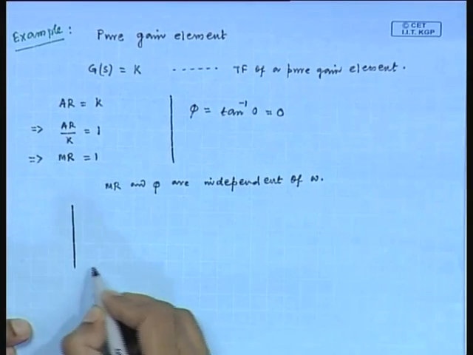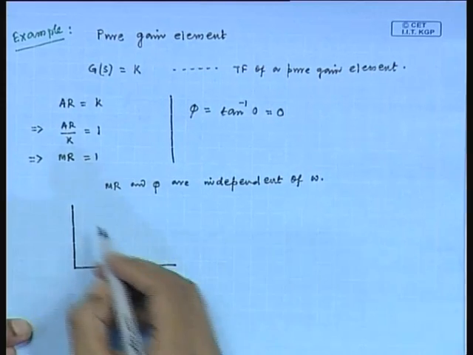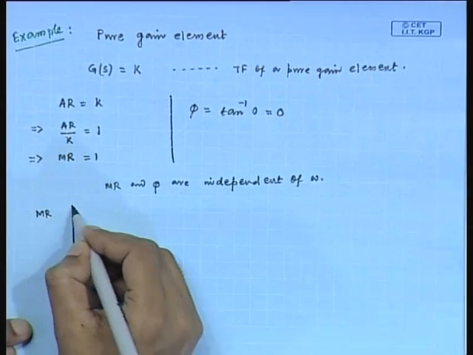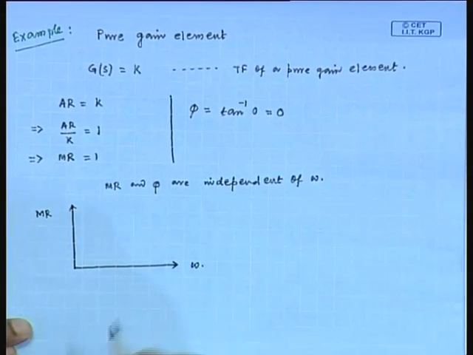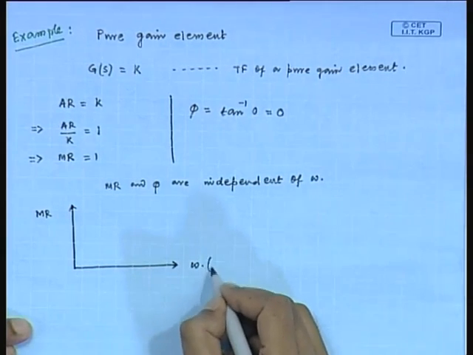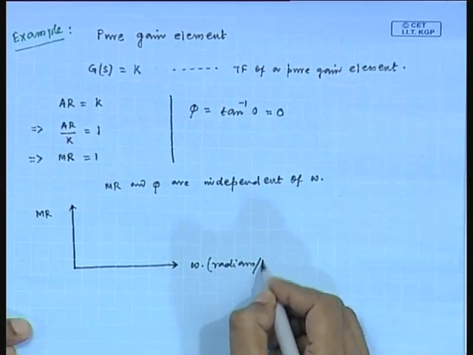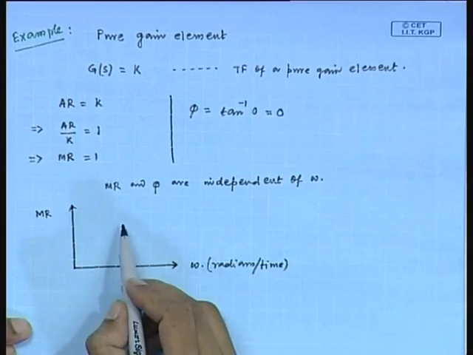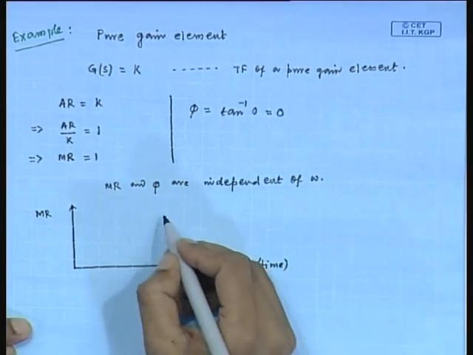Next, we will produce the Bode plot. So, first plot is magnitude ratio versus omega, radians per unit time, and this is log graph paper.